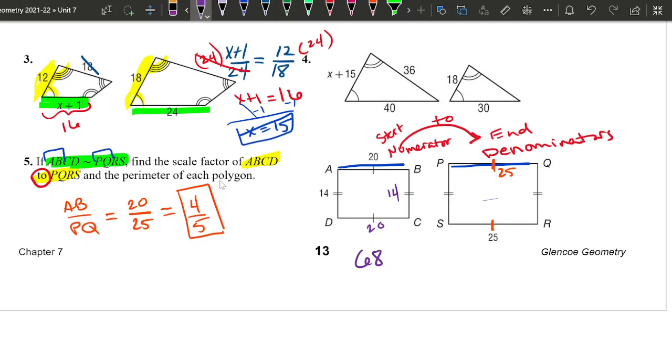You get 17.5. So 20 times 4/5 would not give me 25. So 17.5 times 2 gives me 35. And then the other part was 50, so that's 85.